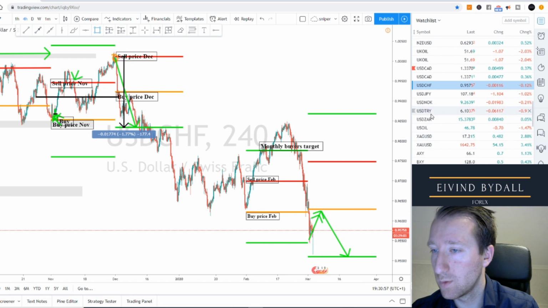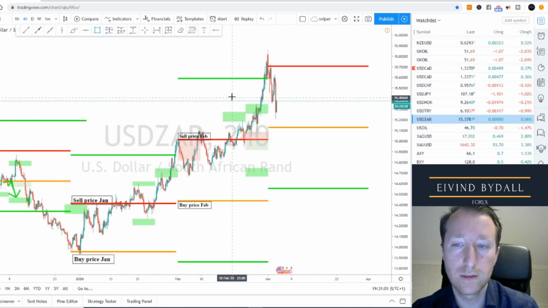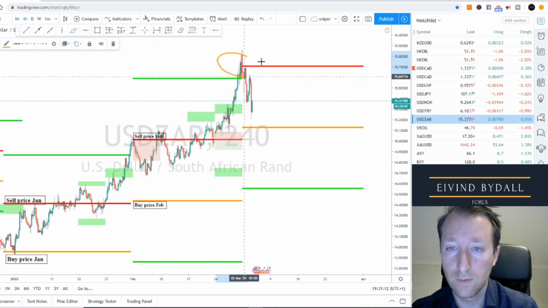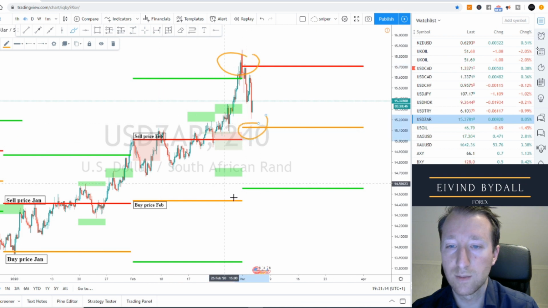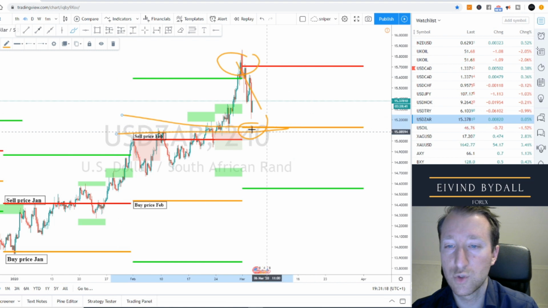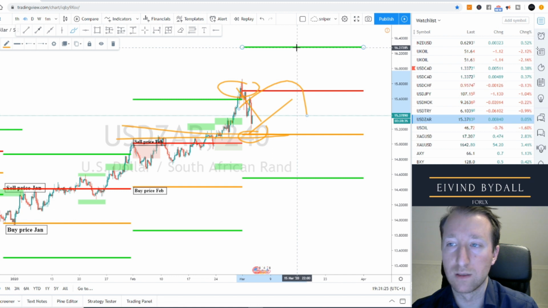So what else? USDZAR is also another thing. This is the sell price for the month of March. Sorry, just blocked out a bit. So that's the sell price. That's the buy price. Price could actually come down to this area here to kick off up to 16.27, 16.28.